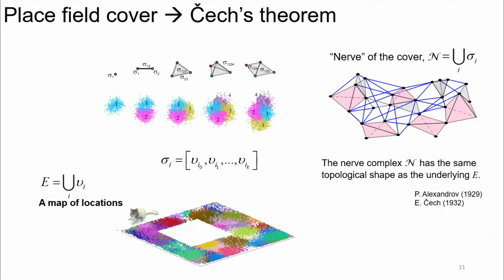And starting from this point, I'm going to ask the question: in what sense do place fields represent space? How do we deduce information about the space in which we navigate from spiking activity? And this theorem is the first hint that if I collect the information contained in the place field map, I can deduce the topological structure of my space by building this nerve complex.